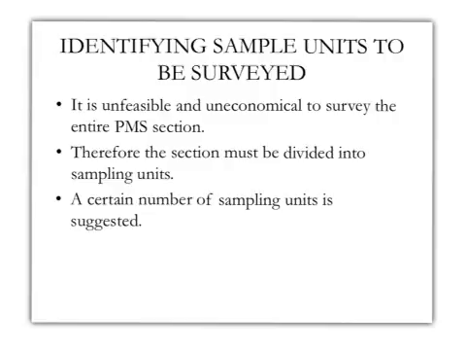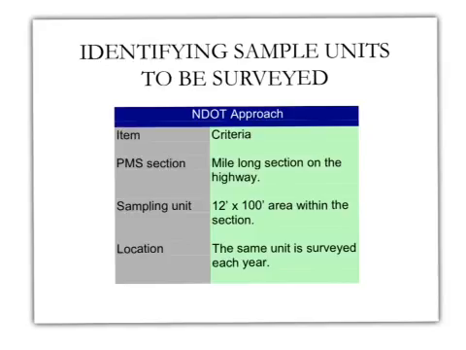Not every single sample from every section has to be surveyed, otherwise it's going to be a very expensive and time demanding process. Here I'm just giving you an example, and I encourage you to go to the Texas website and look for the similar approach that Texas DOT uses.